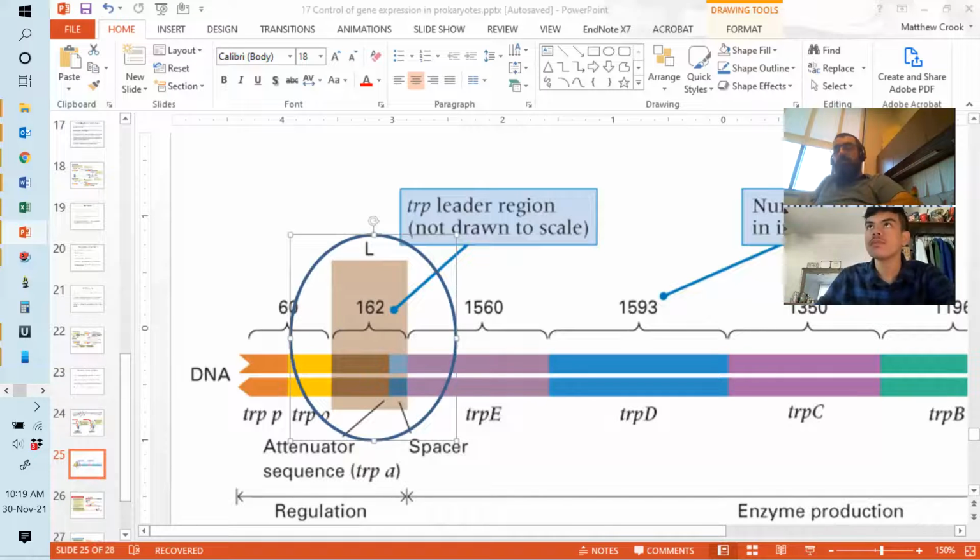And so if you're sensing tryptophan, then there's going to be a couple of trp codons present in the leader region, right?